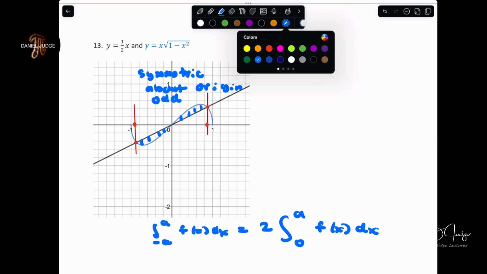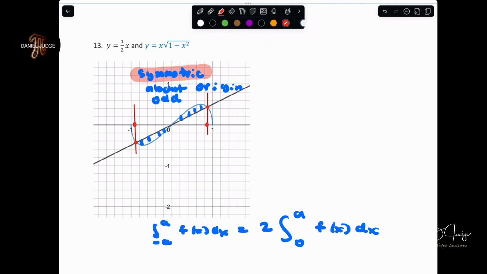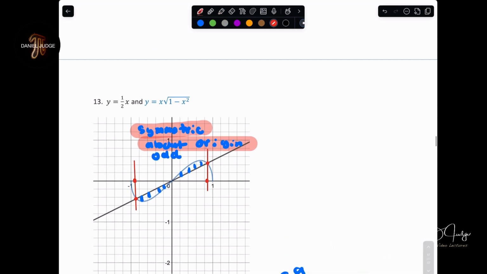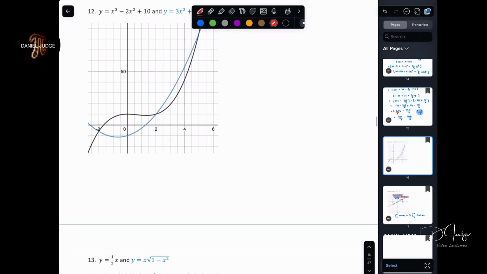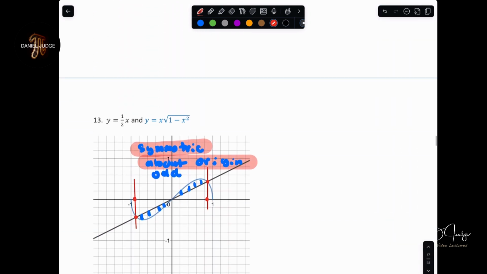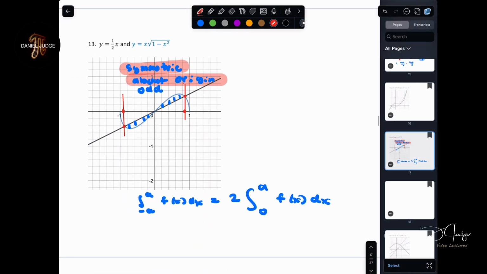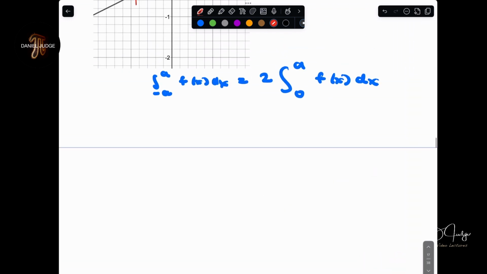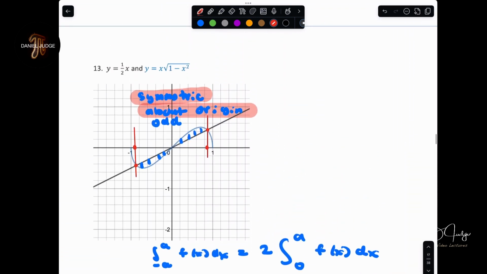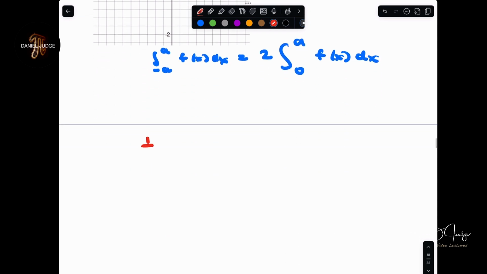Now let's find the points of intersection, because this is an example where it's not so easy to get. So you say, well, how do we do that? Set the curves equal to each other. So for your points of intersection, set the curves equal to each other.